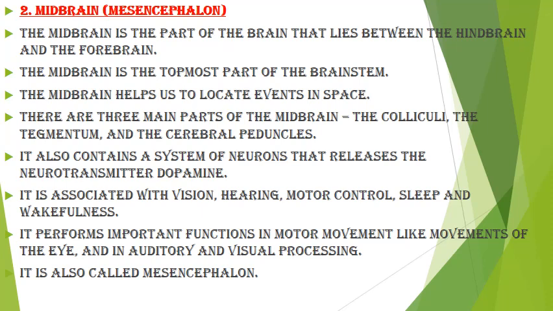It also contains a system of neurons that releases the neurotransmitter dopamine. It is associated with vision, hearing, motor control, sleep, and fullness. It performs important functions in motor movement like movement of the eye and in auditory and visual processing. It is also called mesencephalon.